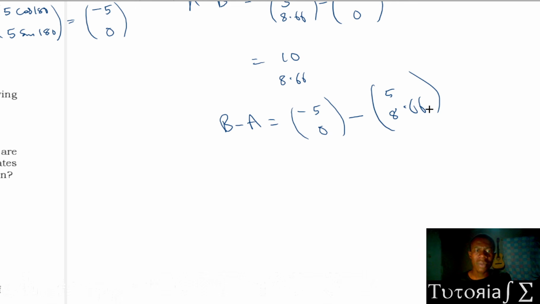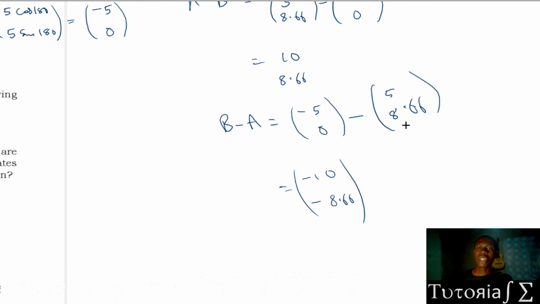Then you just do the same thing that we've been doing, which is this minus that will be -10. This minus that will be -8.66. And that is basically vector addition. So this is the process that we'll be taking for adding two vectors or subtracting two vectors.